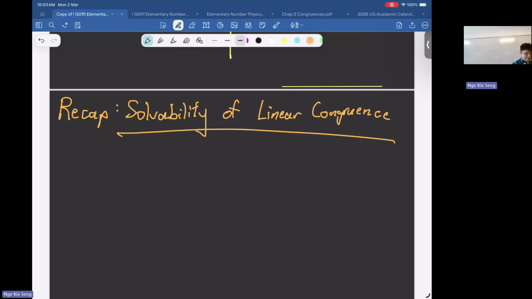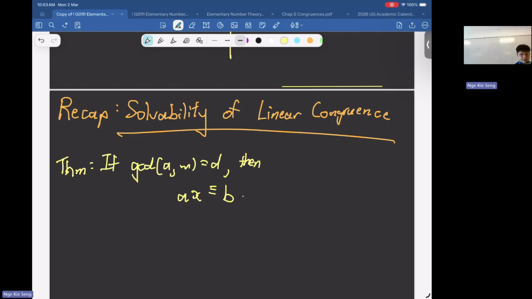The statement is: if the GCD of A and M equals D, then AX congruent to B mod M has a solution if and only if the GCD of A and M divides B, the value that you want to get.